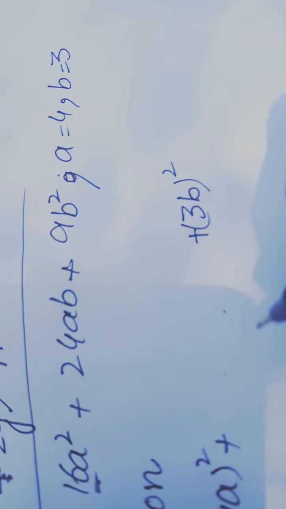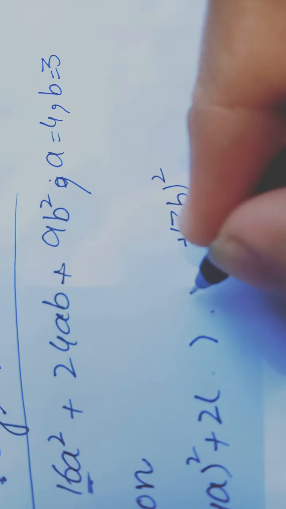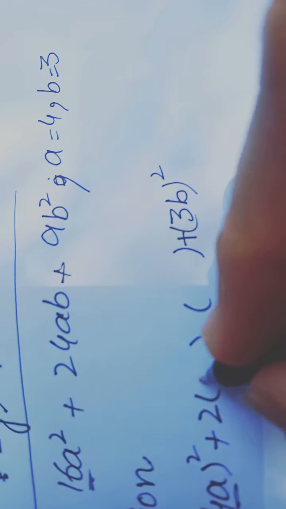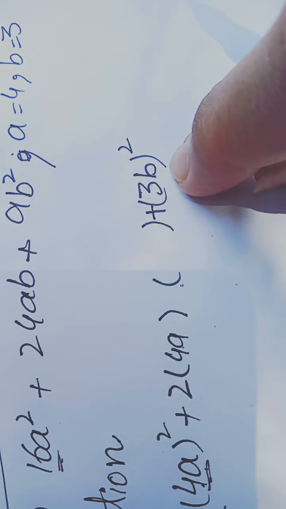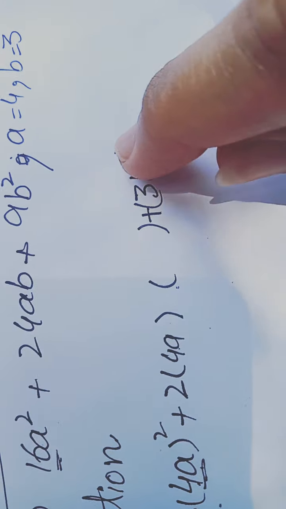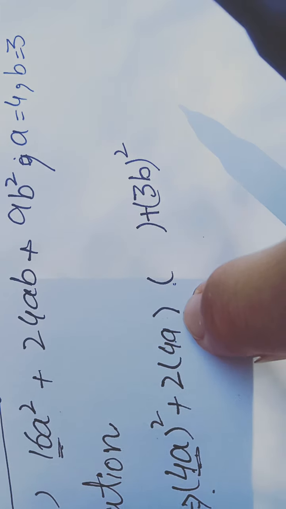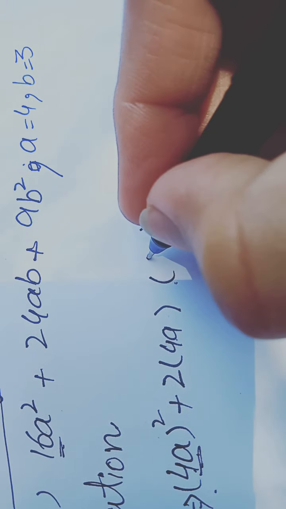So for the formula, 2ab will be written over here. What's the value of a and what's the value of b over here? The value of a is 4a. Here may be x, y or whatever, but the first term is a and the last term is b. This is a square and this is b square, whatever the variable is. 4a is in the place of a, 3b is in the place of b.